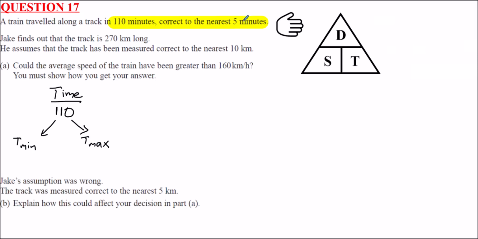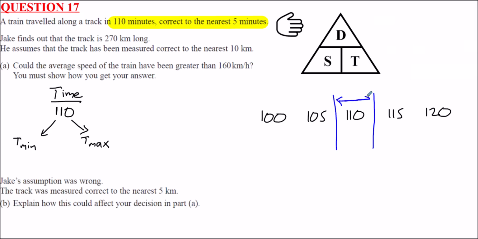Well, nearest 5 minutes, just think about the 5 times table. Very quickly, 5, 10, 15, 20, 25, and so on. You eventually get up to 100, then 105, then 110, 115, 120. And so it's been rounded to 110 minutes, so it must be closer to 110 than 105 or 115. So it's got to be within this zone here.